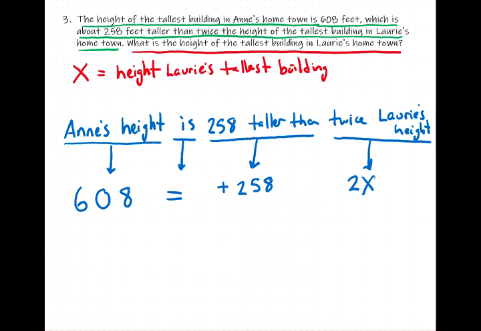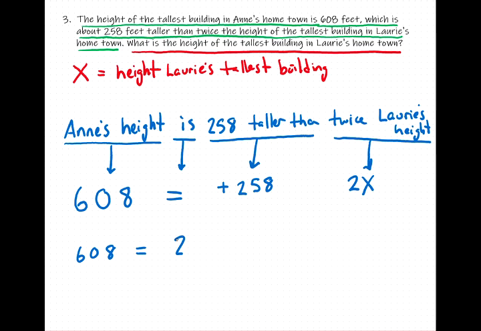Okay, and now we need to maybe rearrange the order. Just because information comes in a certain order in English doesn't mean it's going to come in the same order when we translate to mathematical notation. So we could say 608 equals, well, let's put the plus. If we're adding 258, we need to add it to something.